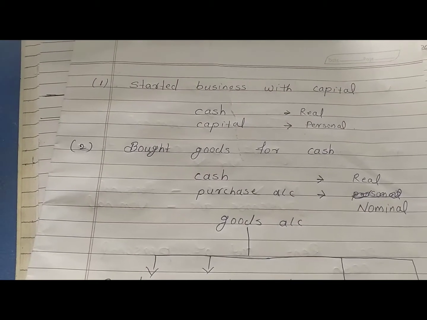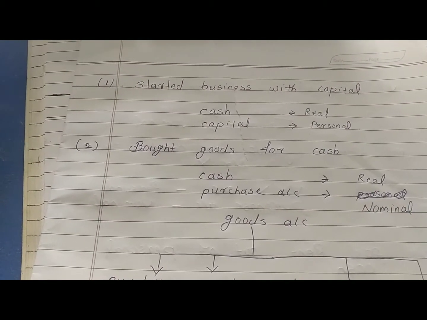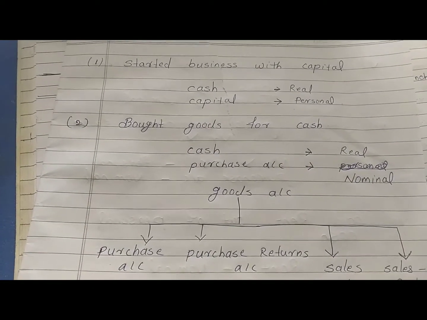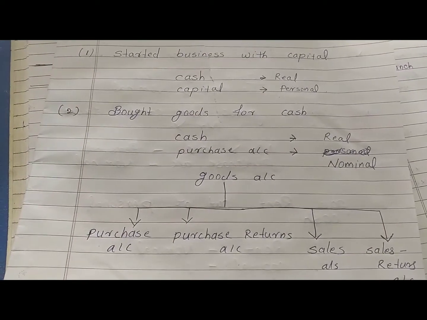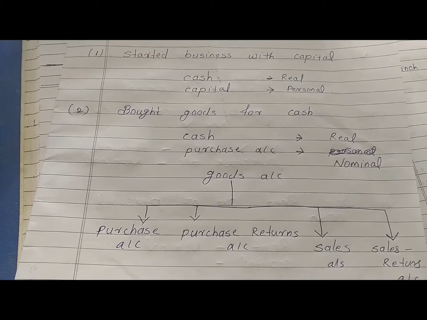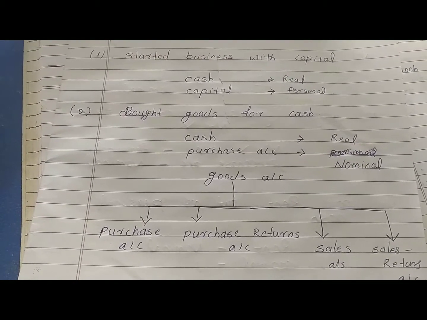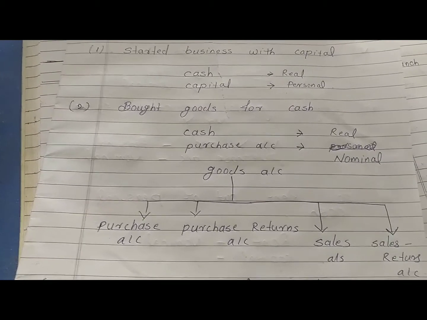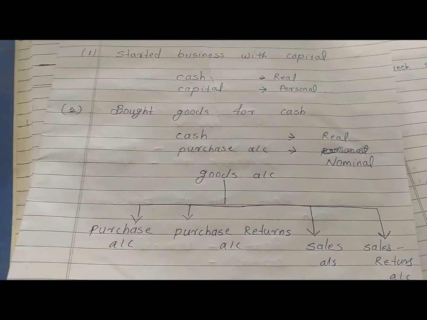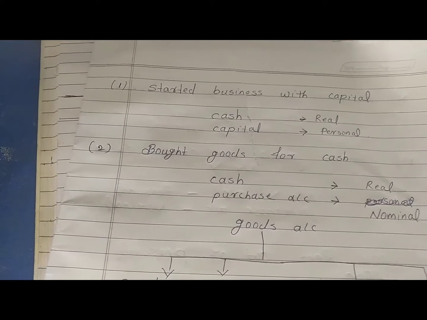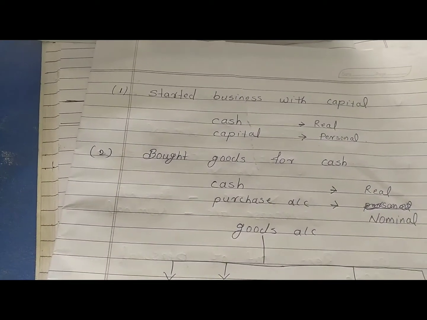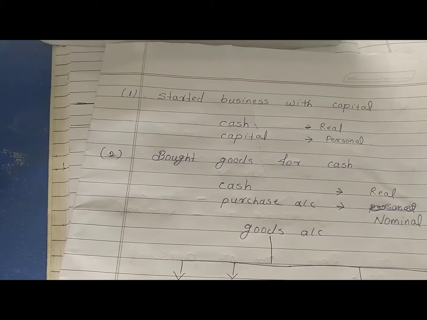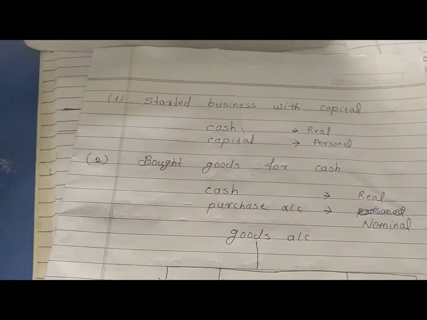So we actually have 4 types of goods account: purchase account, purchase returns account, sales account, sales returns account, right? In the transaction, when goods is given, we need to identify in which type of account it is.